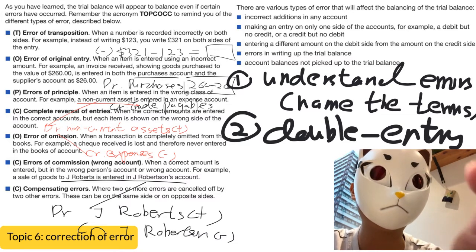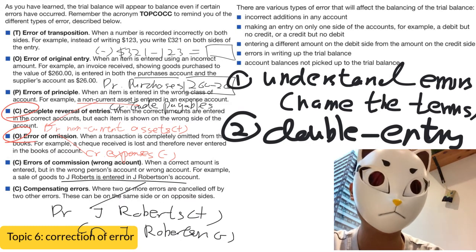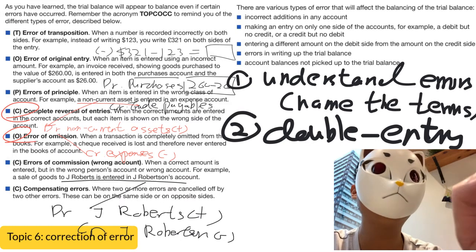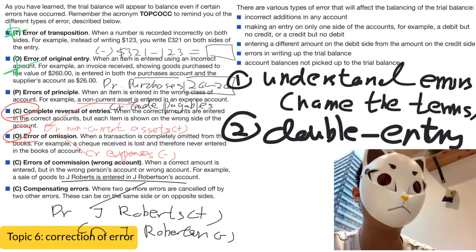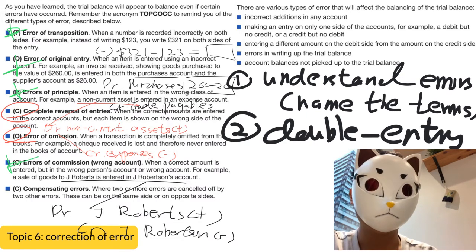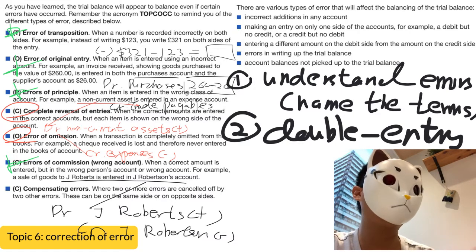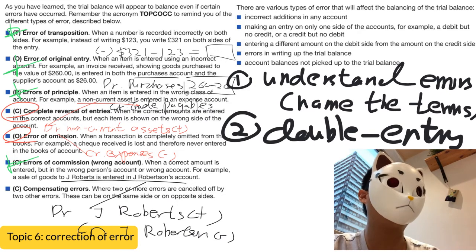So for these two, they are quite easy, but there are some difficult ones, including errors of transposition, errors of original entry, errors of principle, and errors of commission. These 4, I put an asterisk, they are the difficult ones, so you have to bear in mind how to do the correction.